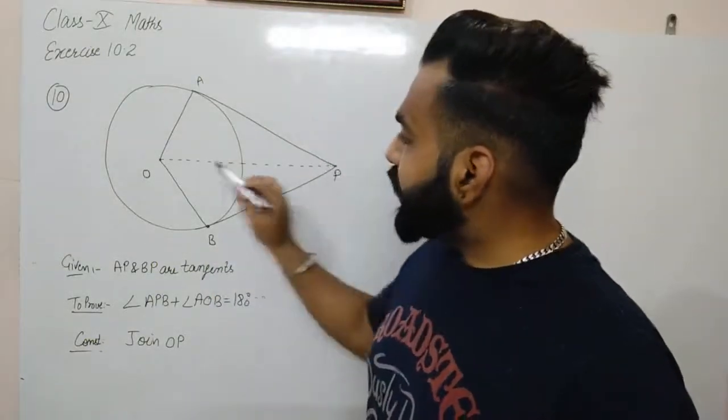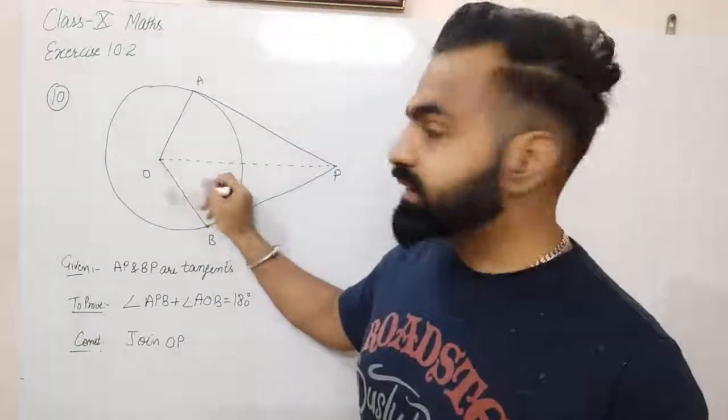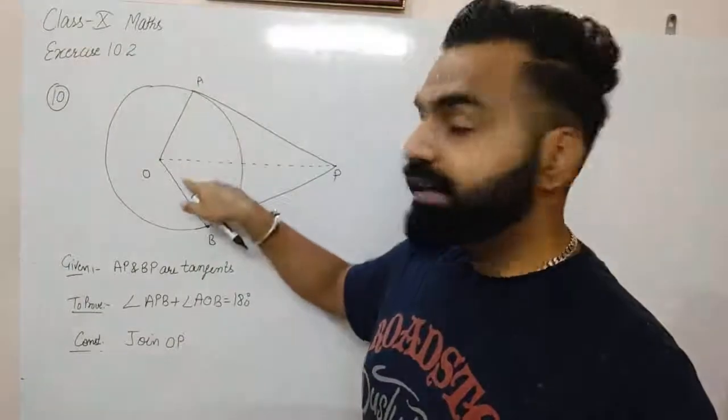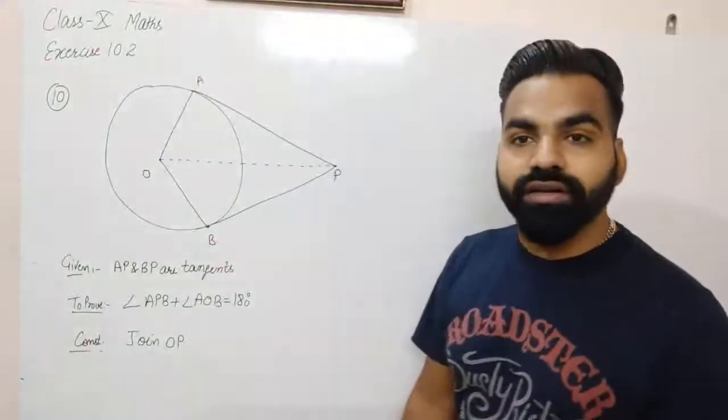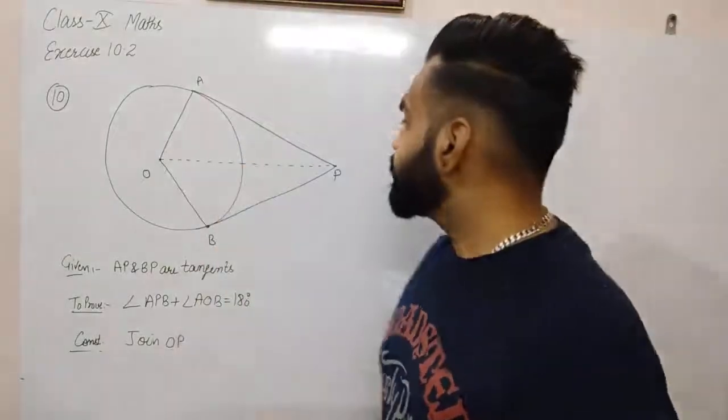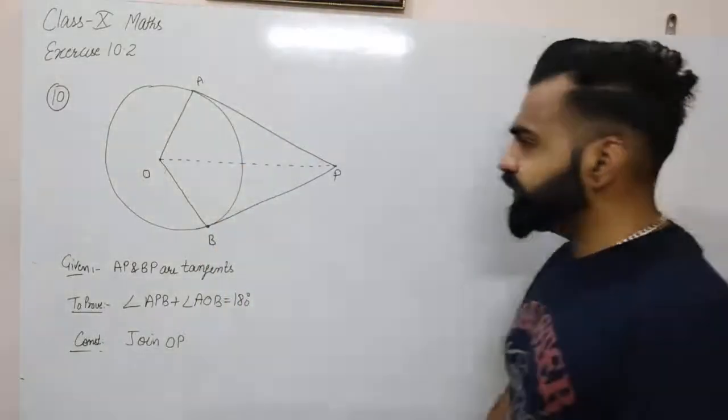There is a circle and there is an external point. From this external point, two tangents are drawn. P is the external point, AP and BP are the tangents. So we have to prove that the angle between these two tangents, that means angle APB, and the angle subtended at the center by the radius line segments from the points of contact, these two angles are supplementary. Clear? So we have to prove this.